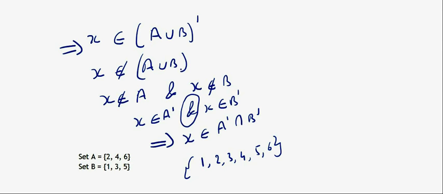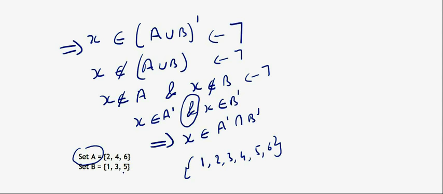If you apply it back to our equation, let's pick a number which is not here, because it's (A union B) complement. Let's say 7. So we know 7 belongs to (A union B) complement, which tells me that 7 does not belong to A union B, which is true. 7 is not part of it, which tells me that 7 does not belong to A, which is also true because it is not part of set A, and it also does not belong to set B, which is also true.